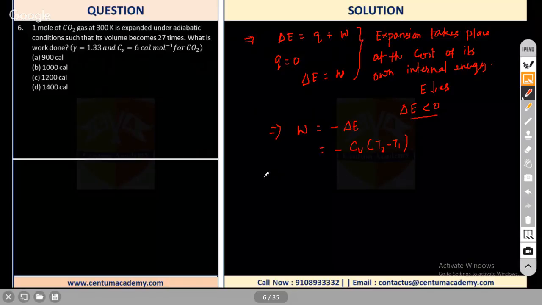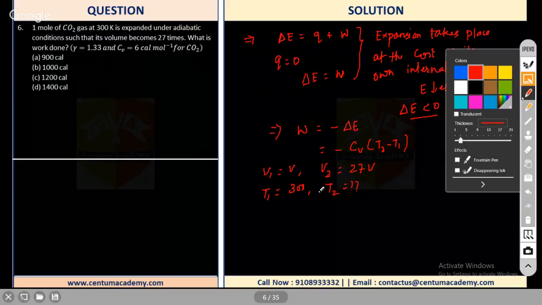Suppose if V1 is V, so V2 will be 27 V, right? T1 is 300 and this T2 we do not know. So we have to find T2 and then we can substitute here, we'll get the answer.